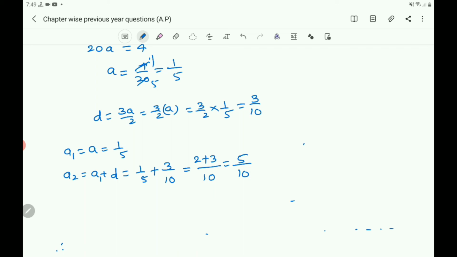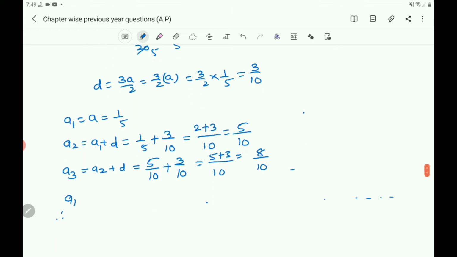Next you take again a3. A3 is a2 plus d. A2 is 5 by 10, d is 3 by 10. Here the denominators are same, so you can add the numerators, 5 plus 3 becomes 8 by 10.